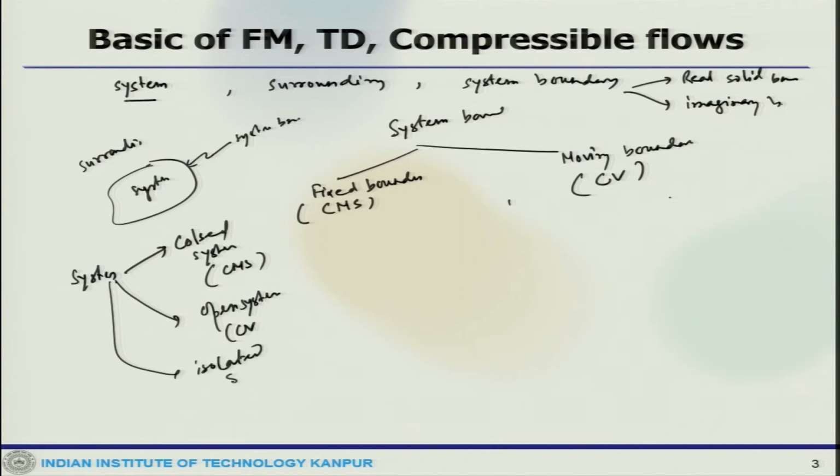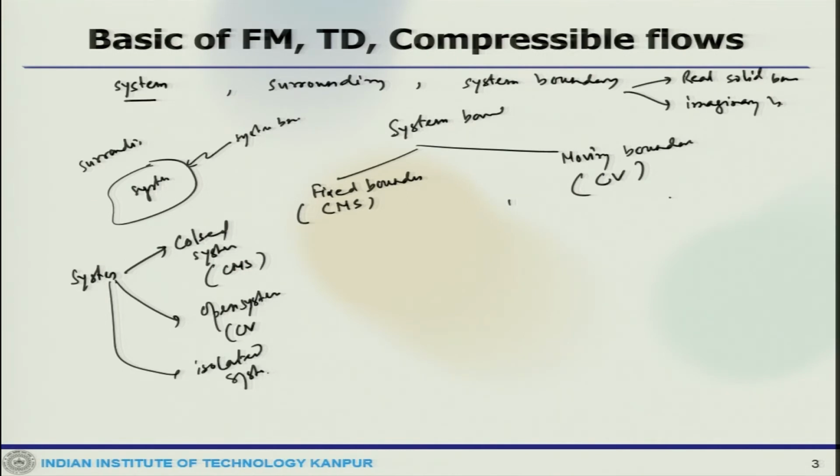Now, when you talk about system, what is system? System is a collection of matter of fixed identity. It may change shape, position and thermal condition, but always has the same matter and hence the same mass.